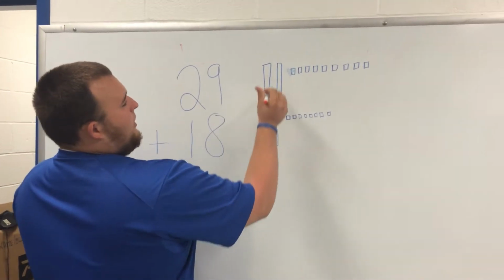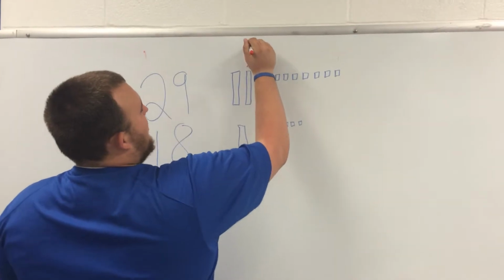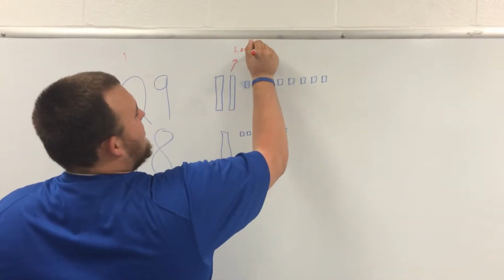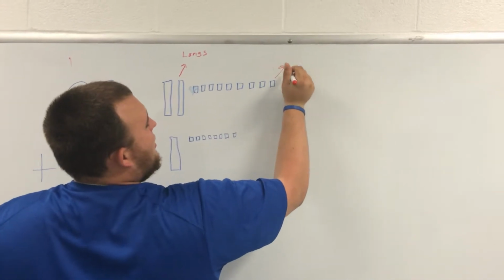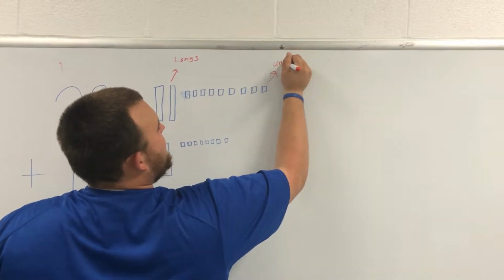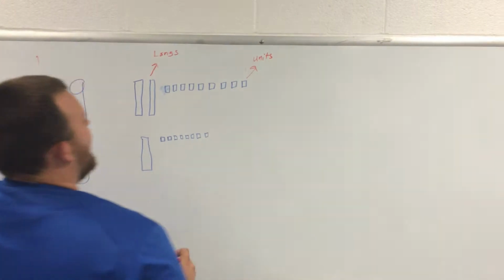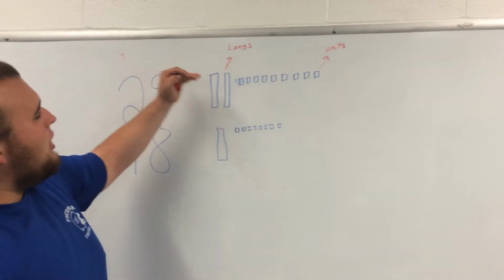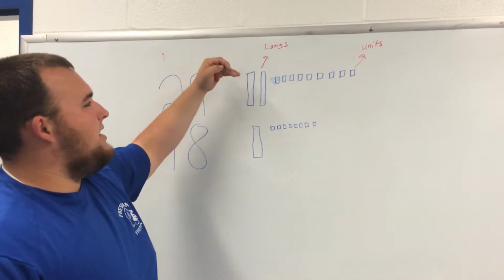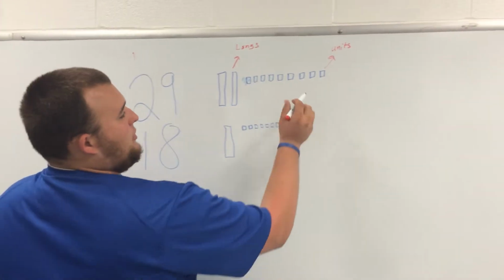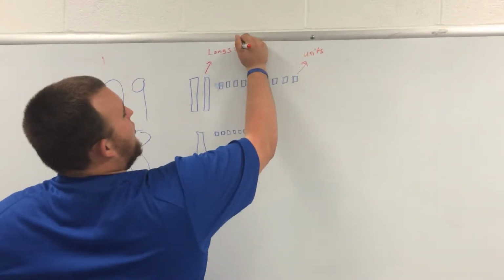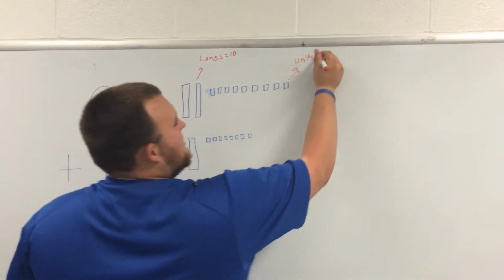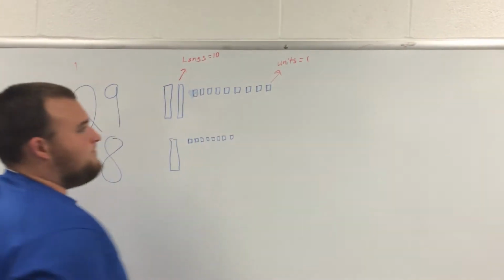These right here are what we call longs, and these little squares right here are what we call units. For this particular problem, each long represents 10, and each unit represents 1. So again, the longs equal 10, and the units equal 1.